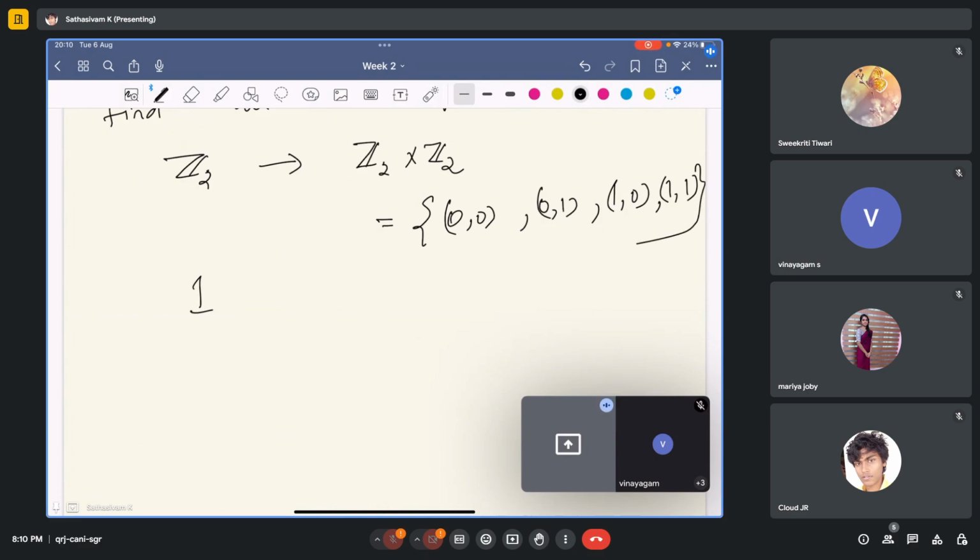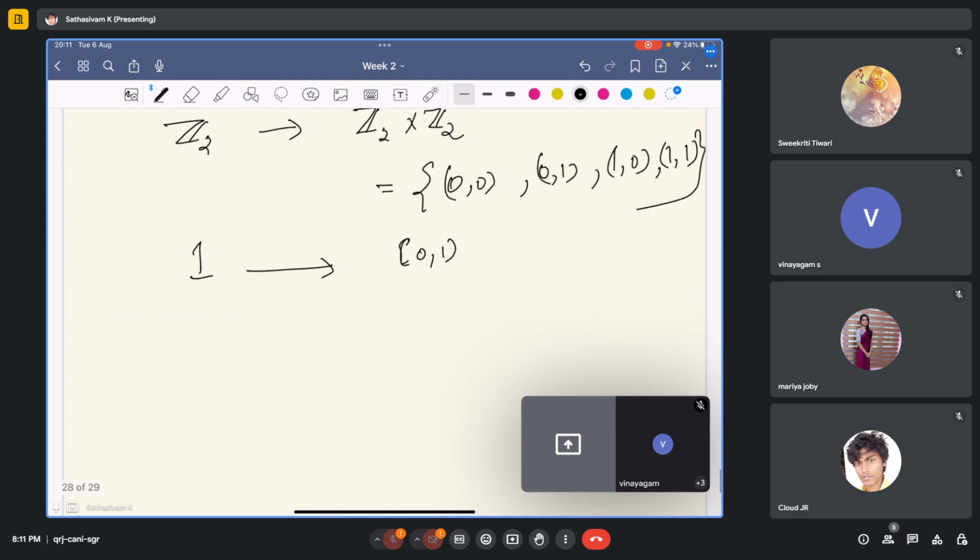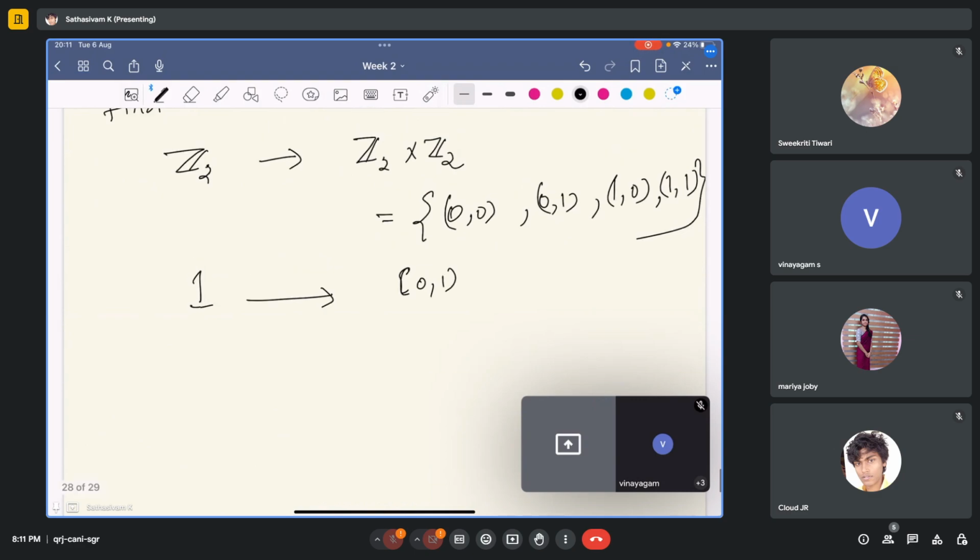So here, if you take the 1 and map it to any of the 4 choices, you check whether that's a homomorphism. Okay. So here you can map it to any of these 4 choices, and it still gives a homomorphism. So you basically have 4 homomorphisms in this case. Okay.